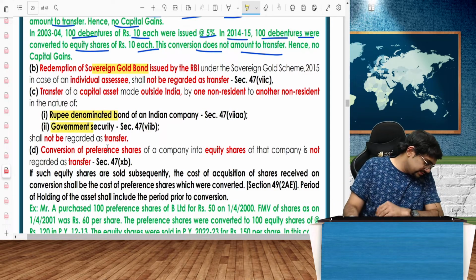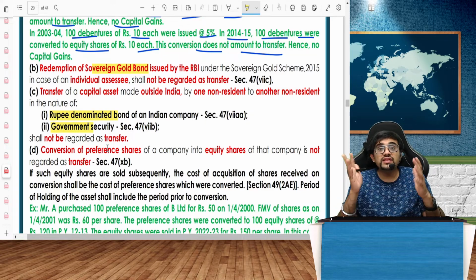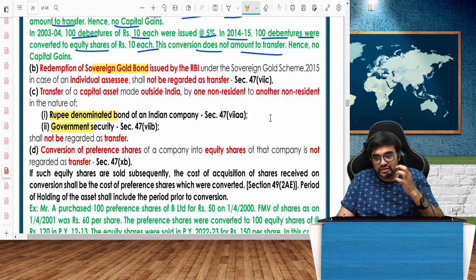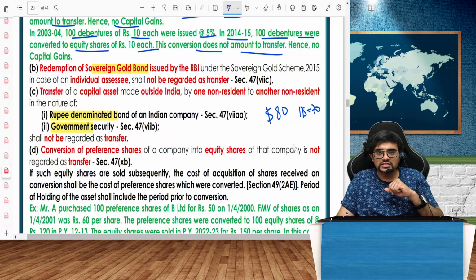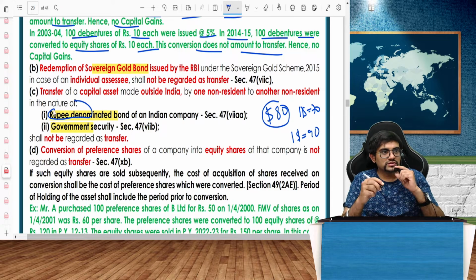Tell me one thing, nobody will buy a rupee denominated bond. Why will they buy? Because think about it, if any foreigner purchases something at $80 and $1 is 70 rupees, tomorrow he wants redemption of these $80 because he knows $1 will be 90 rupees later. But government has now started issuing rupee denominated bonds.